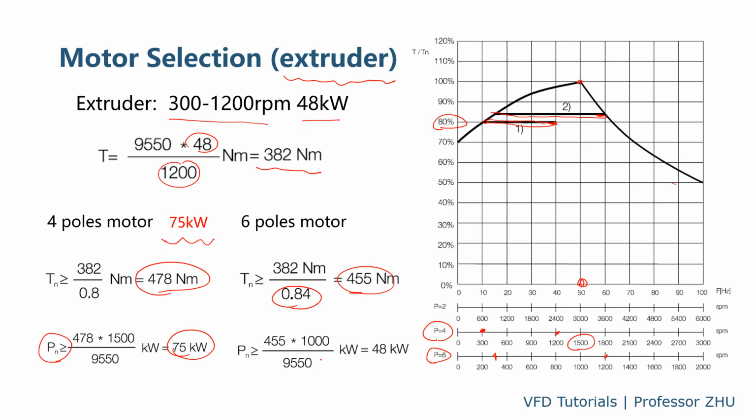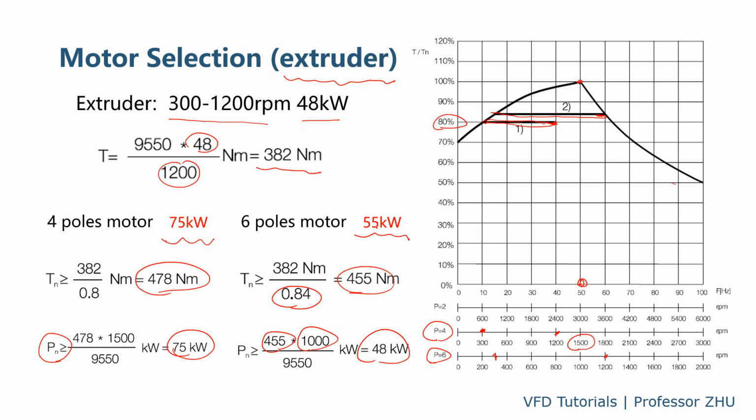And also we get the power, speed, torque, the power rating. Same, if we use the 6-pole motor and try to run the motor in the constant power range of the flux weakening area, the selected motor size will be less than the 4-pole motor, from 75 kilowatt to 55 kilowatt.